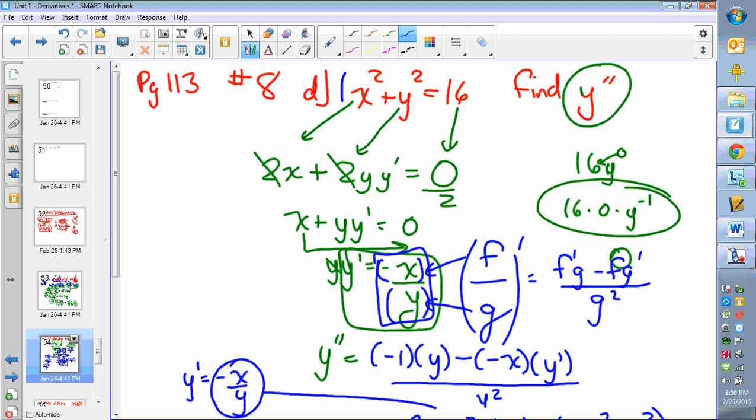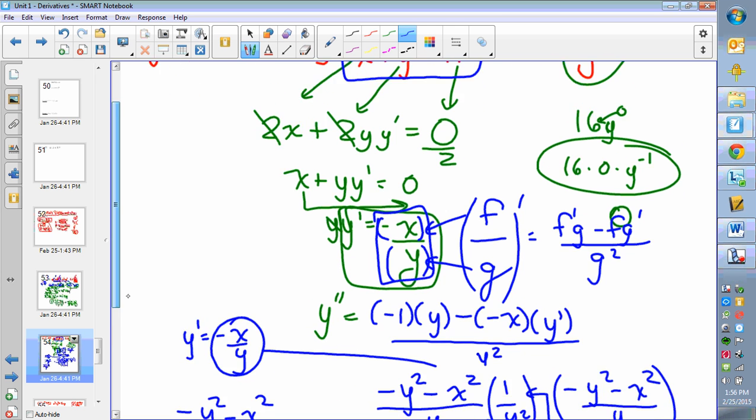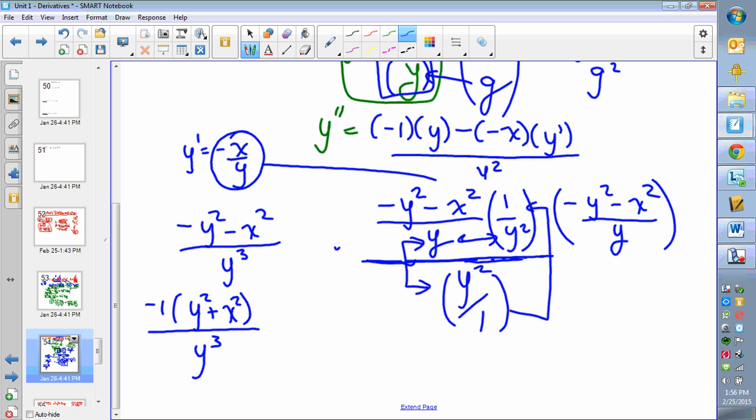Well, if you remember that x squared plus y squared equals 16 from the original equation, and you come down here at the end and you see x squared plus y squared, why not make it equal 16? And you get negative 16 over y cubed. And that there is an elegant, beautiful little solution for y double prime.